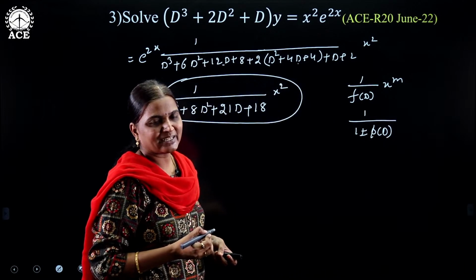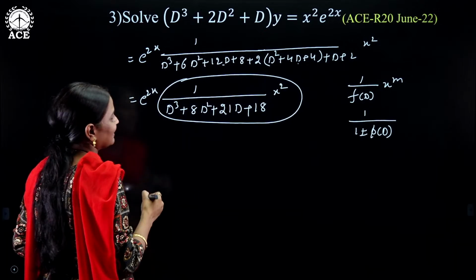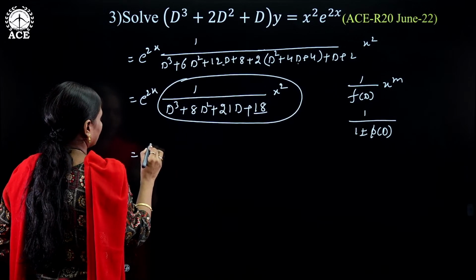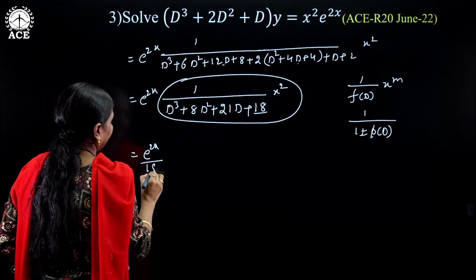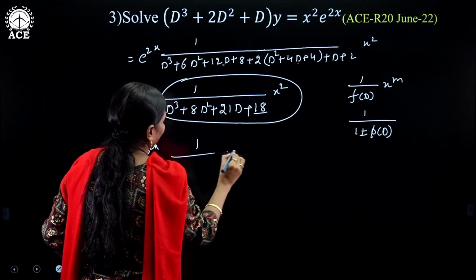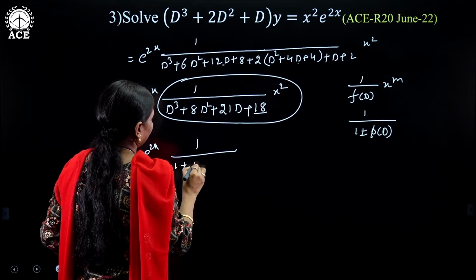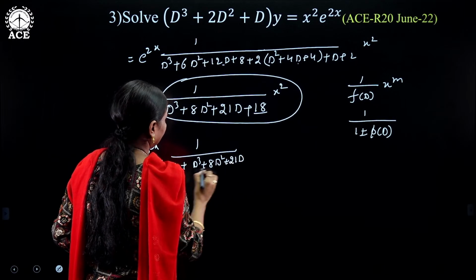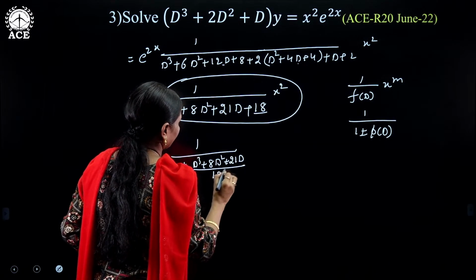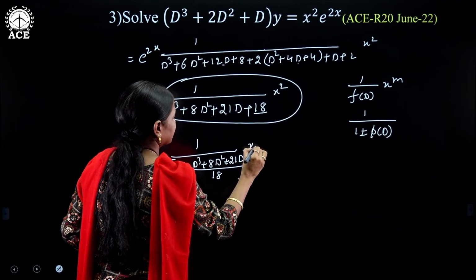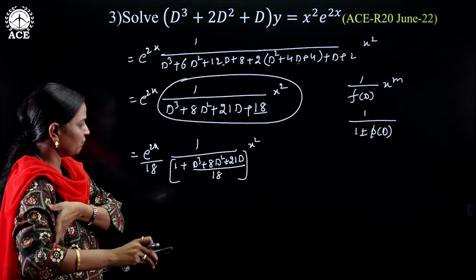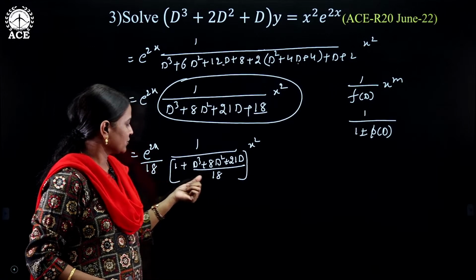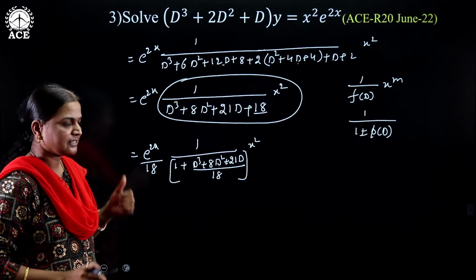By taking out the lowest degree term from f of D. Now here, what is the lowest degree term? 18. So take 18 outside.